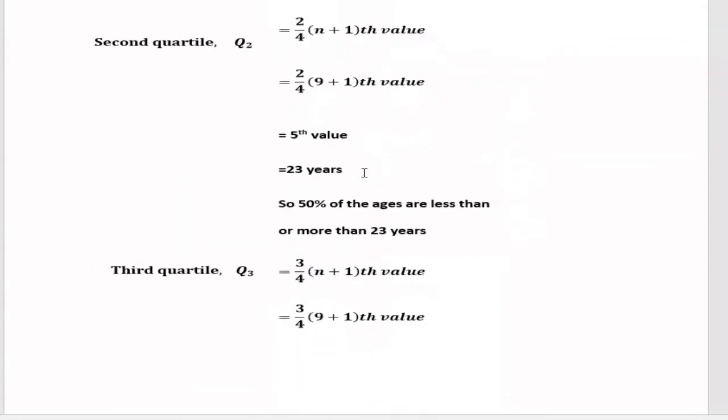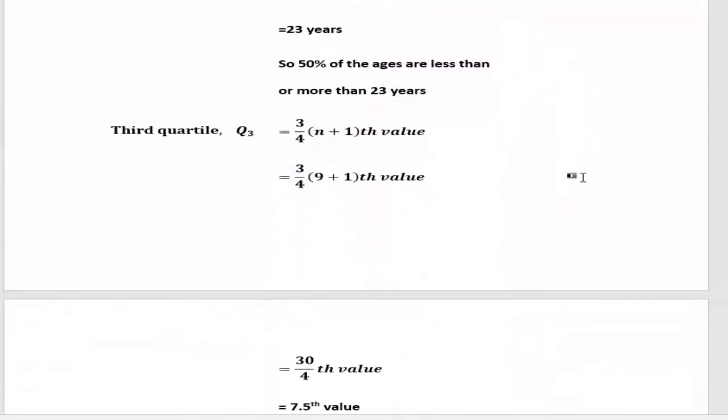Quartile 2 means 50% of the ages are less than or more than 23 years, as quartile 2 divides data into 2 equal parts.